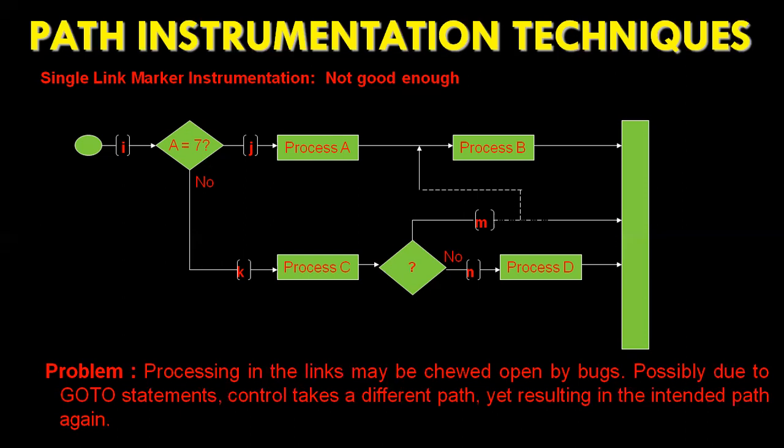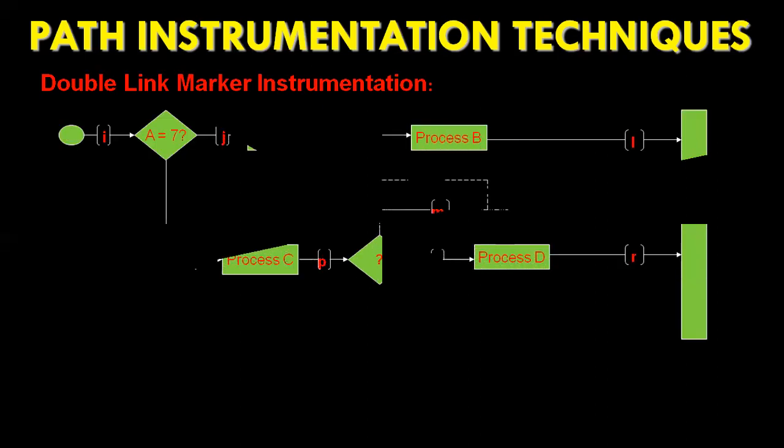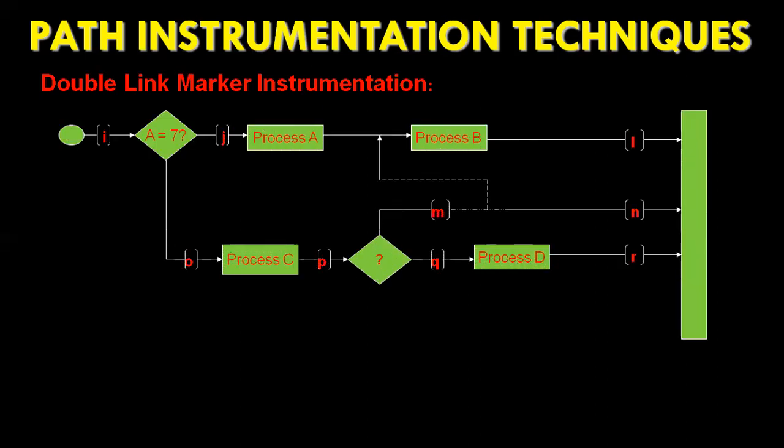So here the solution for this is to use the double link marker instrumentation method. The solution to the problem of the single link marker method is to implement two markers per link, one at the beginning of each link and one at the end.